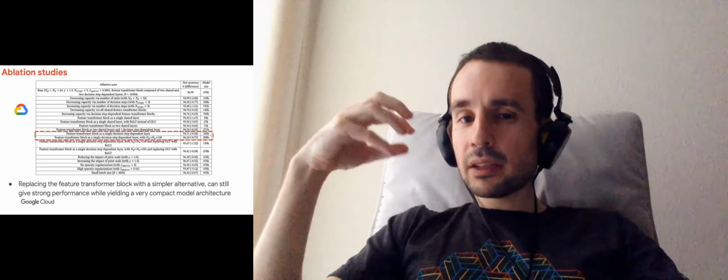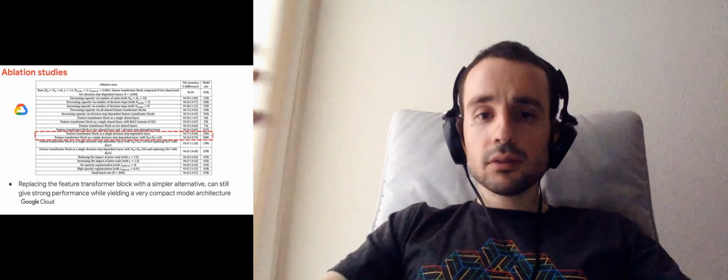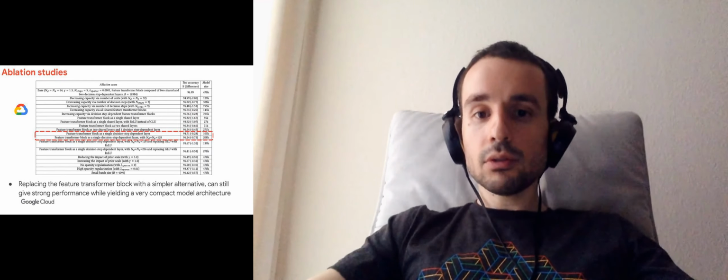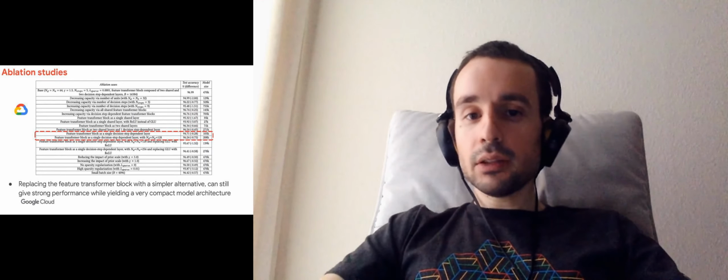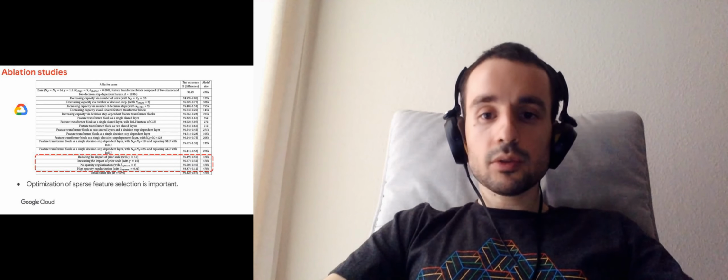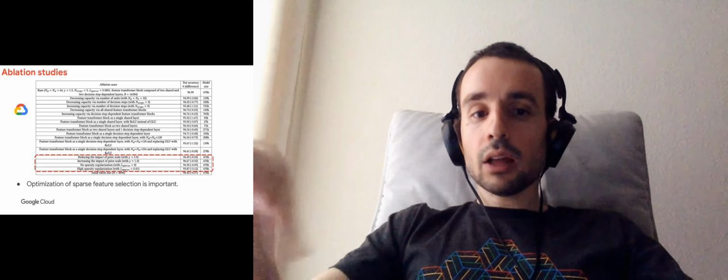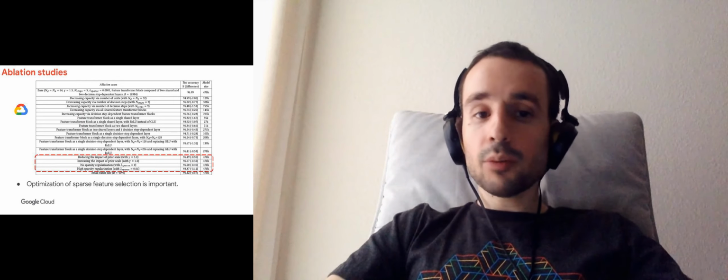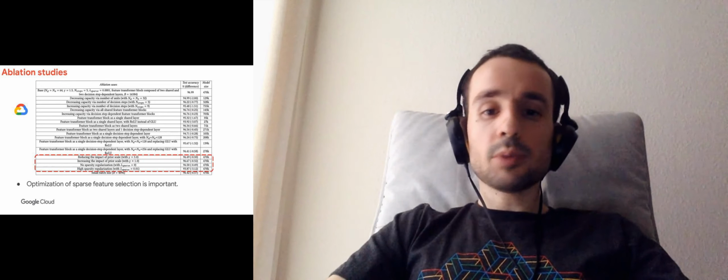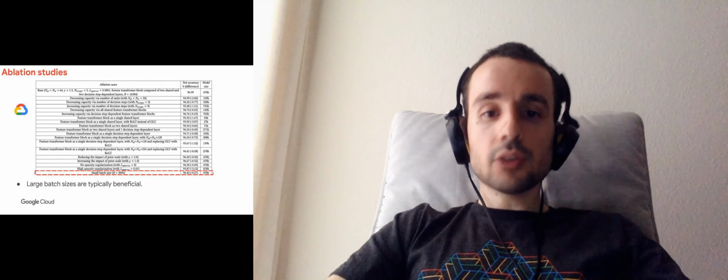So if we replace that with very simple layers, we can still get decent performance thanks to the overall architecture design, but the performance is slightly worse. Then we show the importance of sparse feature selection, and we have the two mechanisms I described: selection of the appropriate gamma and the sparsity regularization coefficient.